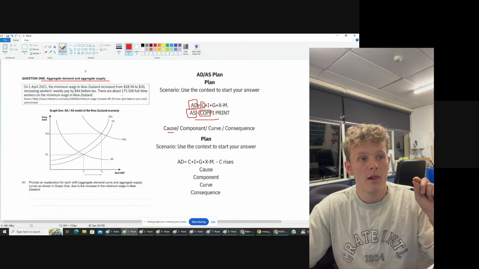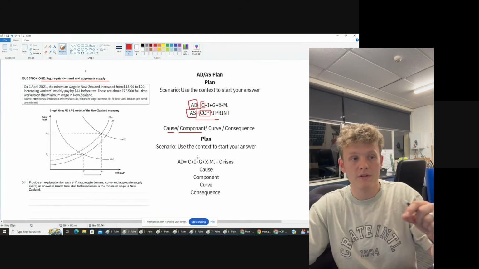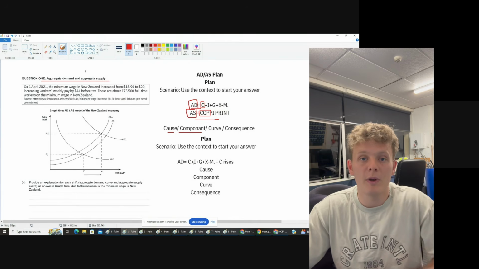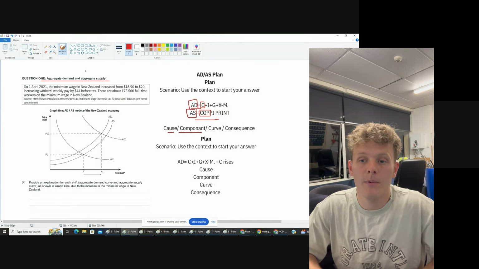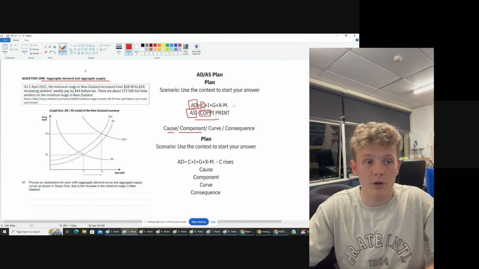Full stop. That's the cause. What's the component? To link it to the component, this causes an increase in consumer spending as workers with increased income spend more on goods and services. Then we tick off that we're talking about one component over here.